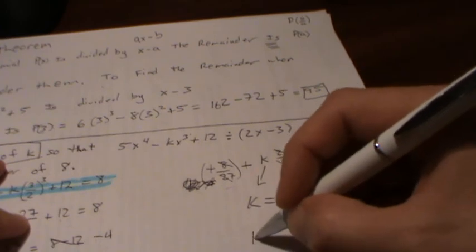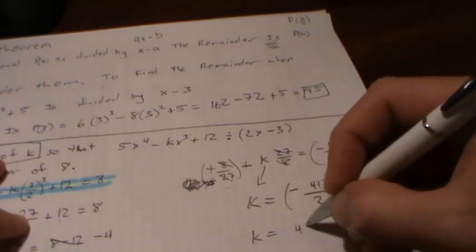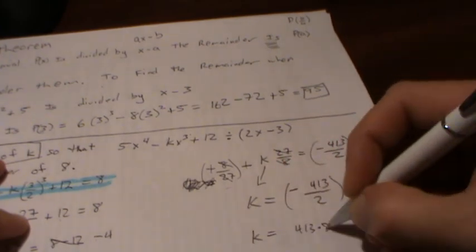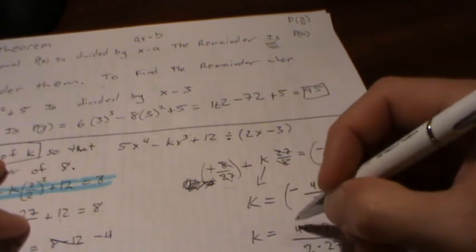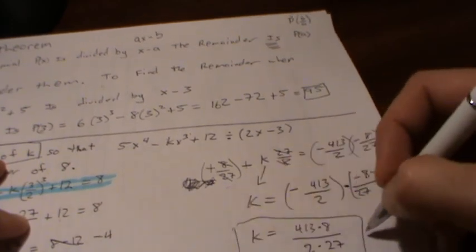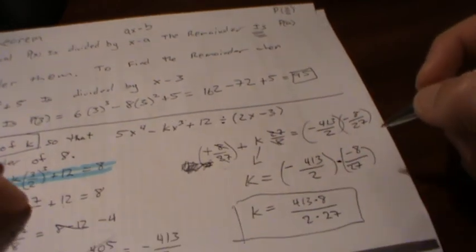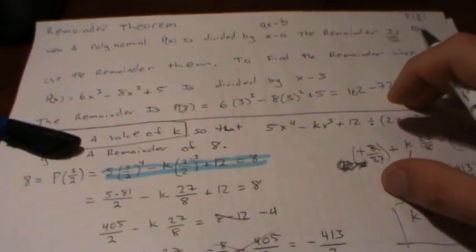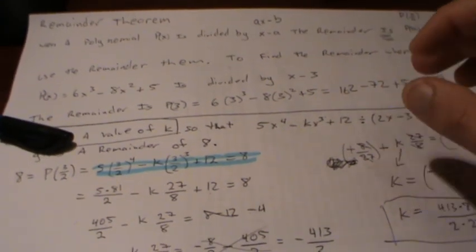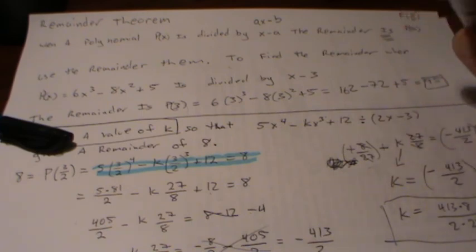These will cancel out, so k is actually equal to 413 times 8 divided by 2 times 27. And you just multiply that out right there. And that's the result. So that would be a couple of things on the remainder theorem.